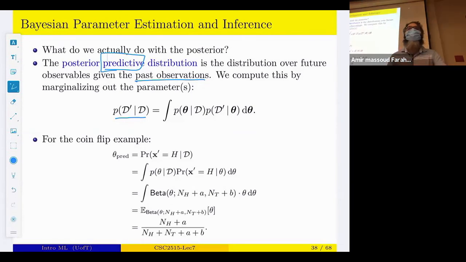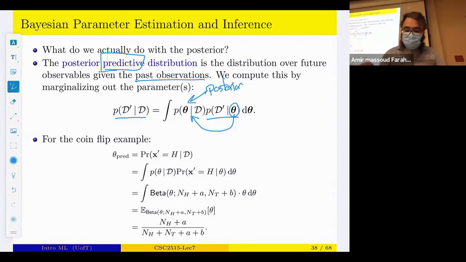So we can just do marginalization. We can think of it like this: we have the probability of D prime conditioned on theta. For some particular theta, what is the probability that we observe a head next? But theta is not one single value, it actually has a distribution, P of theta conditioned on D, which is our posterior distribution.